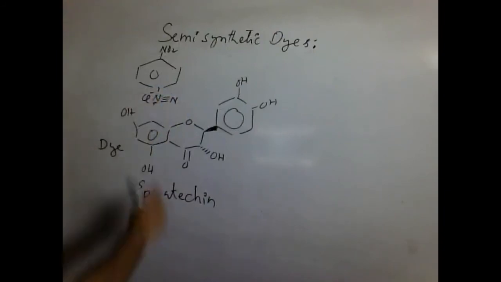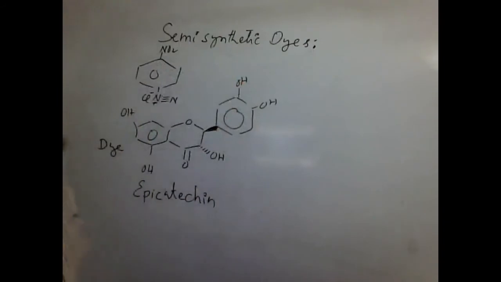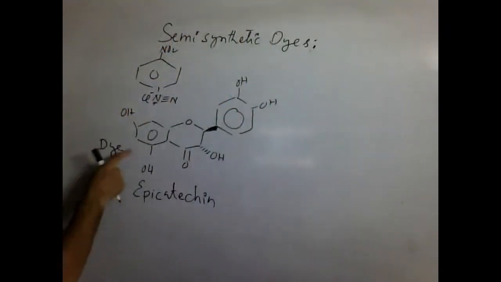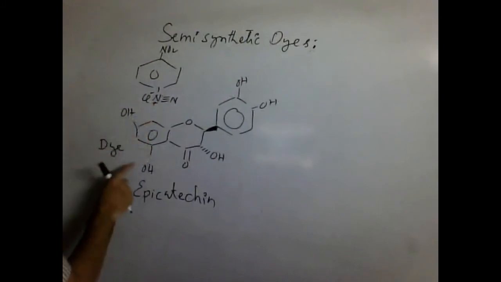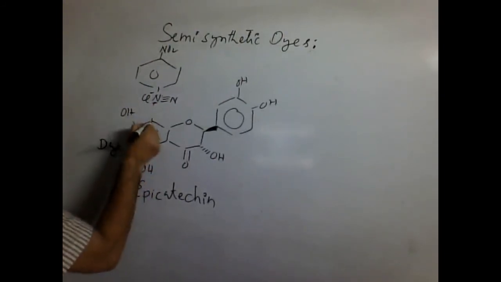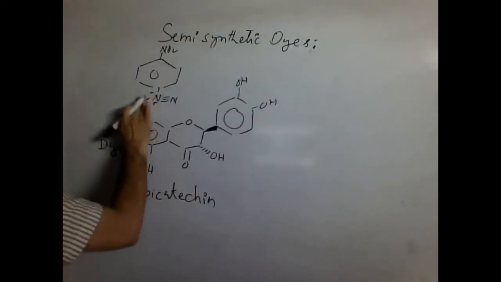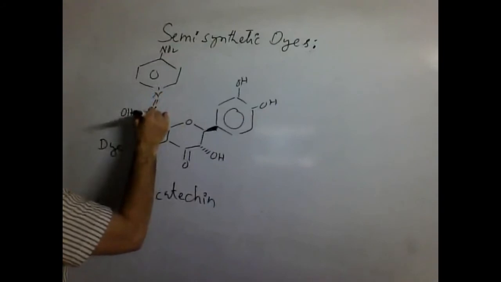And then again this diazonium could be reacted with this apicacetan, keeping apicacetan as a coupler. So again this group directs the incoming electrophile at ortho, and this group is also an ortho and para director. So para to this one, ortho to this one, it is better to direct the electrophile at this position.